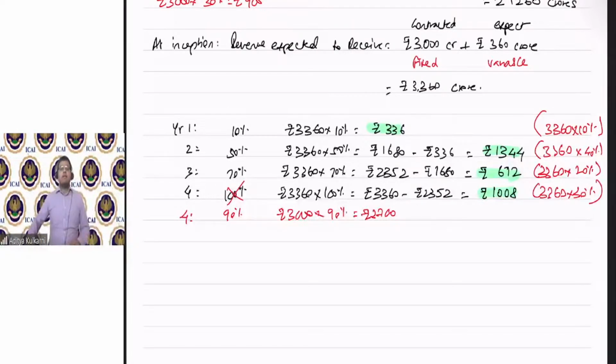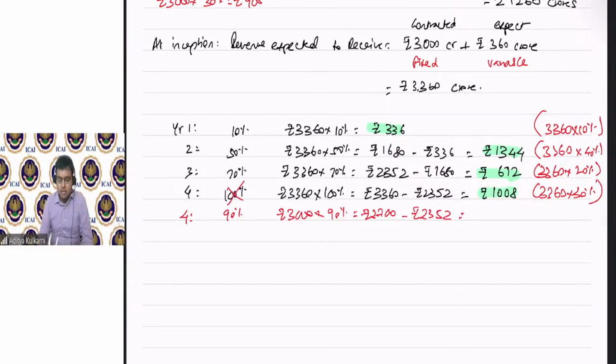Nobody could think that something like COVID will happen. COVID happened. My estimates went for a toss, and therefore I could complete only 90%. So my revenue to be booked should be 2,700 minus, till last year I had recognized 2,352.